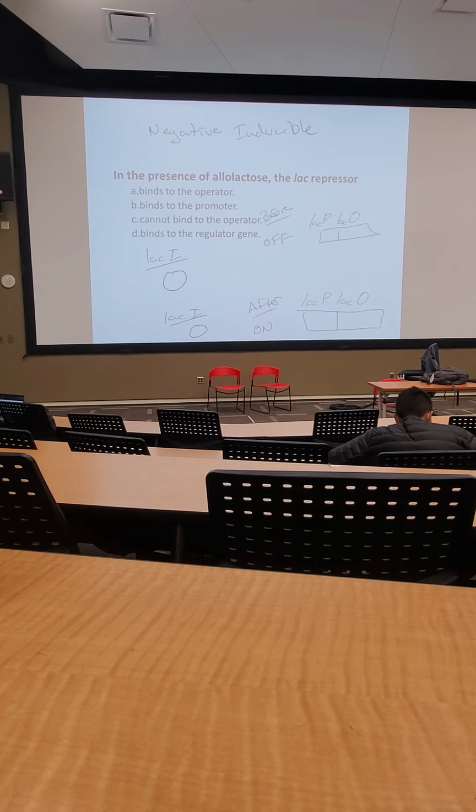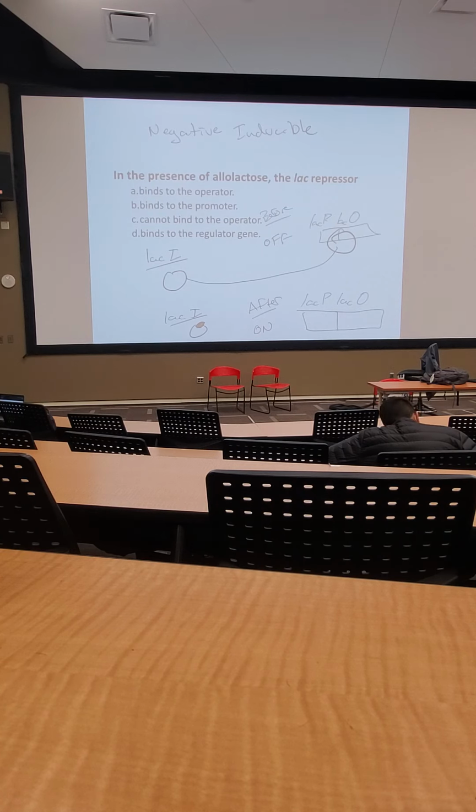Where should I draw the regulator, the product of lacI, in the before picture? Yeah, it should be sitting on the operator. That's the negative part, right? So again, before and after is the inducible part. This is the negative part. So it's hanging out, and then allolactose comes in, and what happens? It's no longer on the operator. It's inactive. The regulator protein is now inactive.